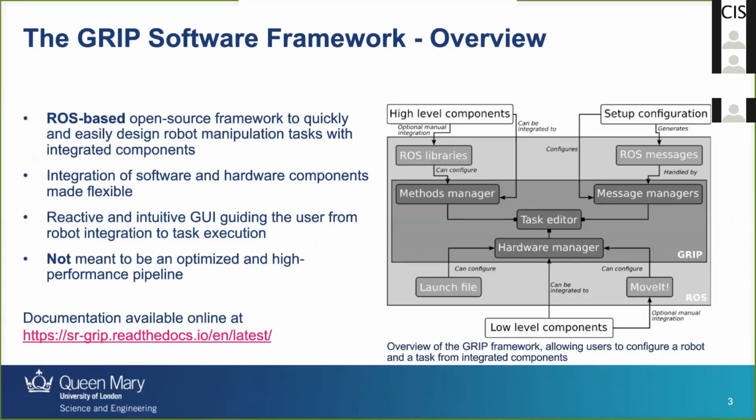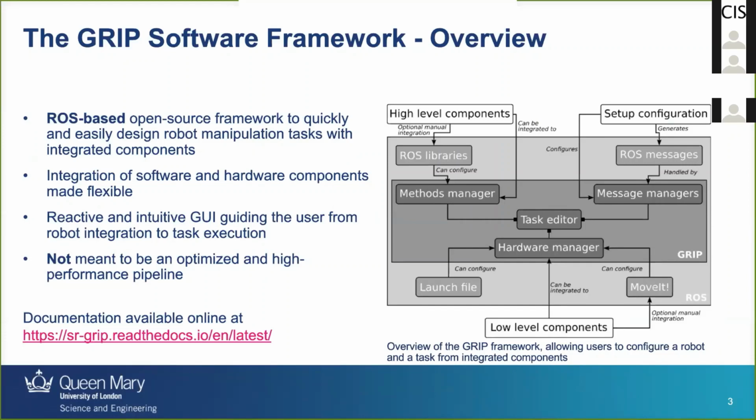So for this reason, we've implemented the GRIP software framework, which is a ROS-based, robot-agnostic open source software framework to quickly and easily design robot manipulation tasks with integrated components. As you can see from the right-hand side diagram in here, we've implemented non-mutually exclusive ways to integrate software and hardware components.